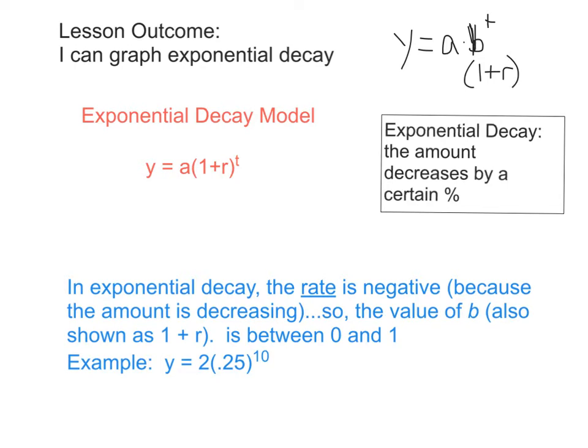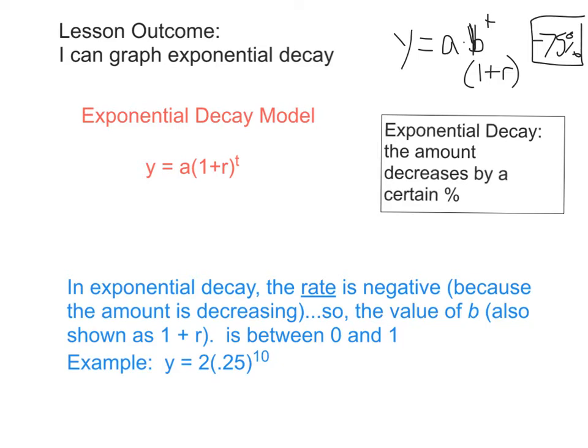Now if our rate is negative, so let's say something is decreasing by 75% every hour or something like that, that means it's going to be negative 75%.